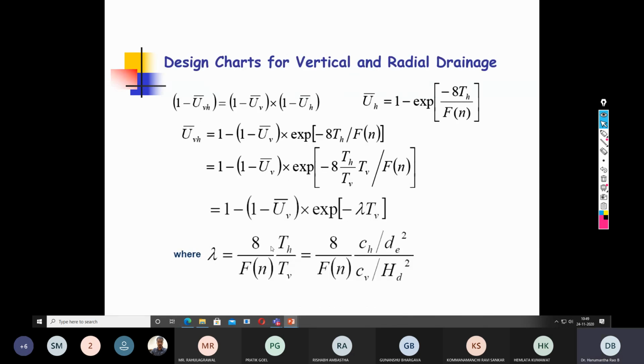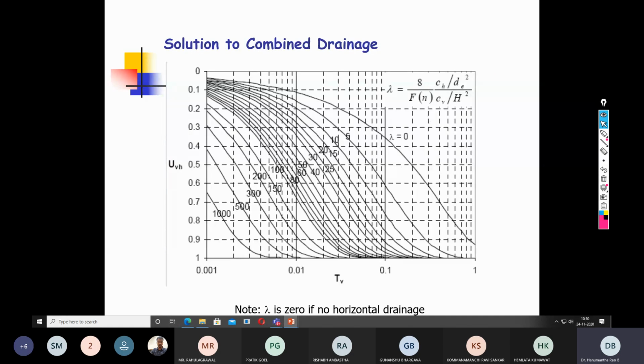So these are the equations which have been derived, again to calculate the average degree of consolidation because of both vertical drainage as well as radial drainage. This chart we can directly use to calculate the average degree of consolidation from the time factor.